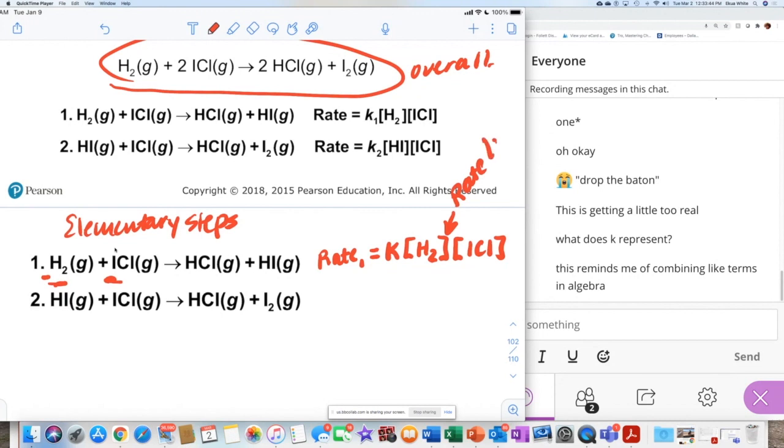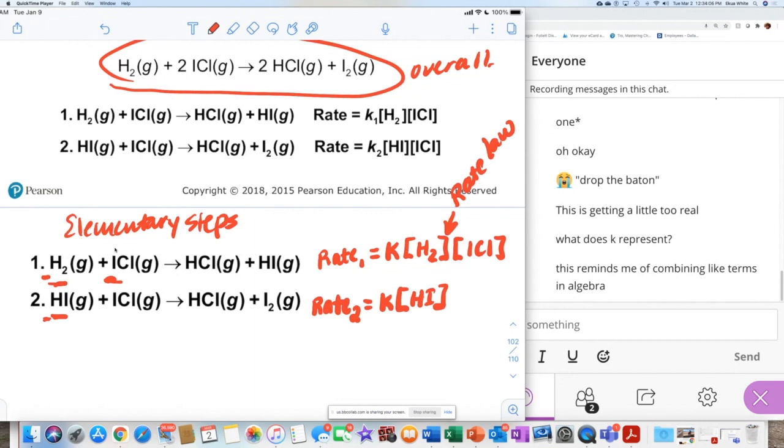When they ask you for the rate law, what they're asking for is an equation for the reaction. And then for my second elementary step, I write it in the same format, rate 2. Also K is the rate constant. And then here, this is HI for the first one.